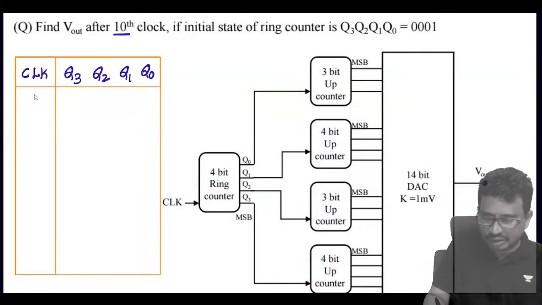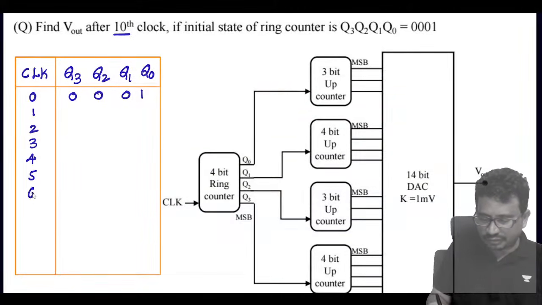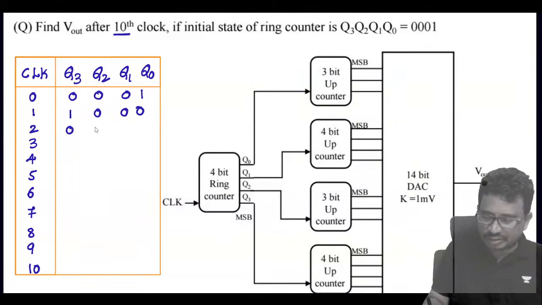Initially, at the 0th clock, the initial state is given as 0 0 0 1. We apply 10 clocks. Tell me now, the first clock is 1 0 0 0. Second clock 0 1 0 0.